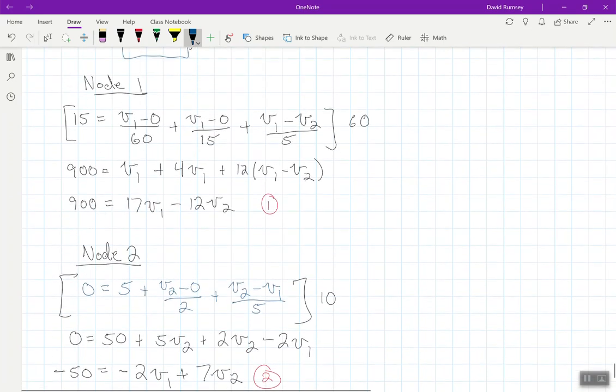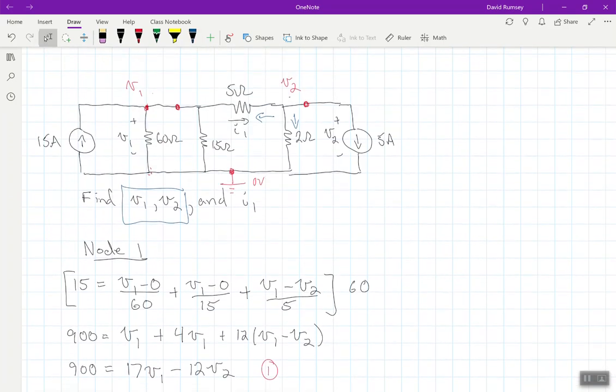Now the only other thing I'm asked to find is I1, which is the current going through the 5 ohm resistor, but you need to notice the direction here. I know I emphasized it here, made this really ugly arrow, but what that means is we need to get this arrow here, that I1, we would do it as V1, you basically always do it as where the arrow is originating.